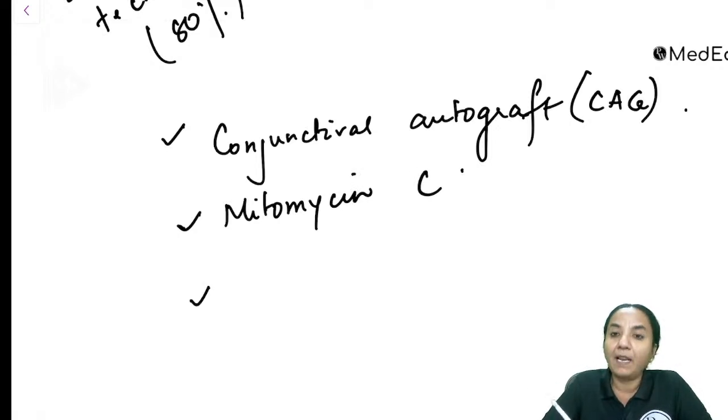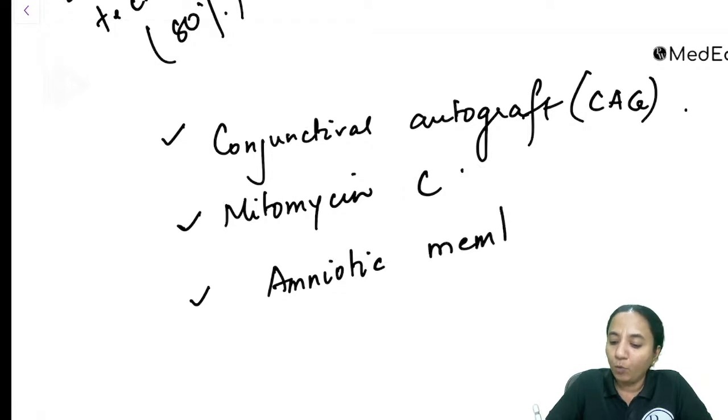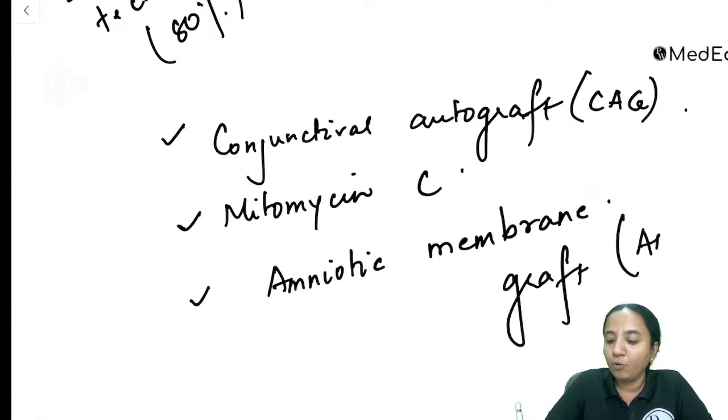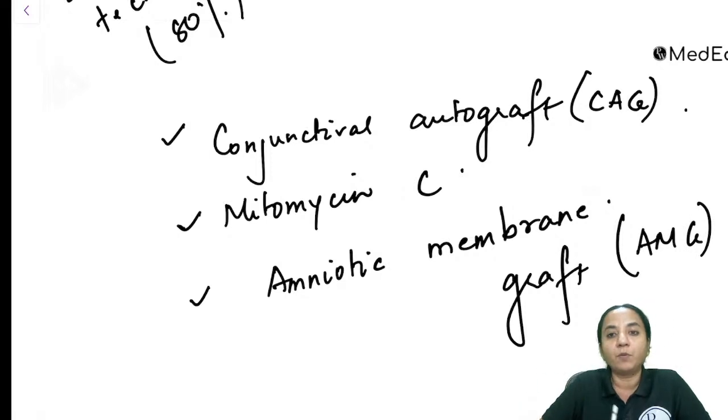And in case of a very large pterygium where it may not be possible to do a conjunctival autograft, we can do an AMG, that is an amniotic membrane graft.